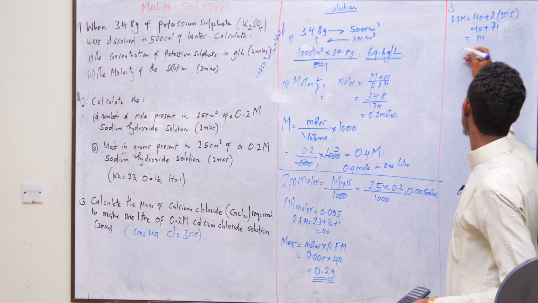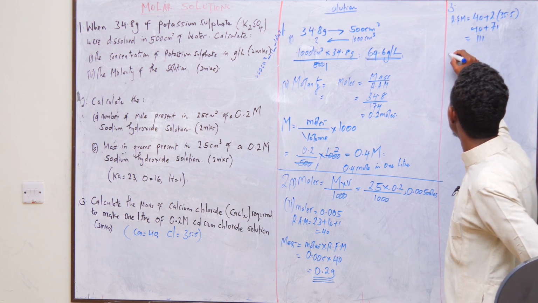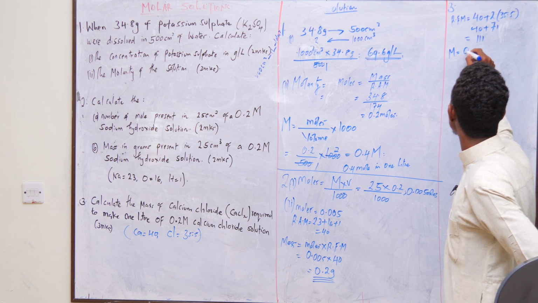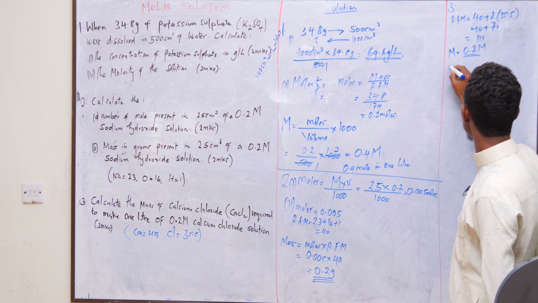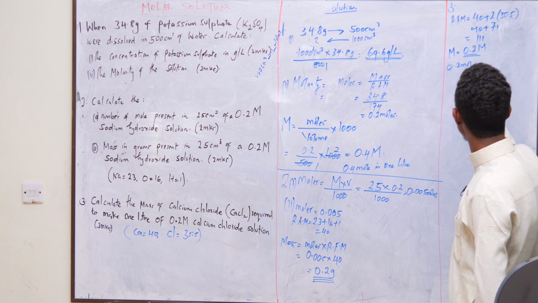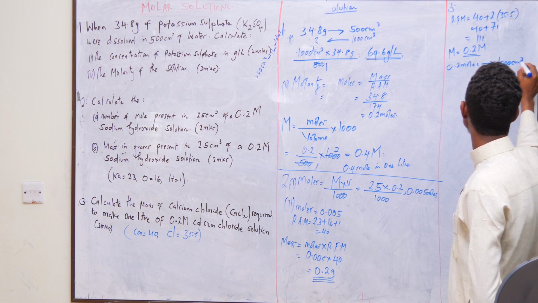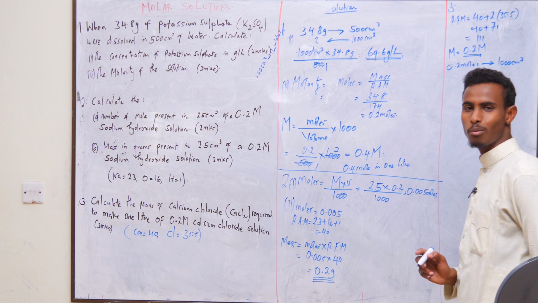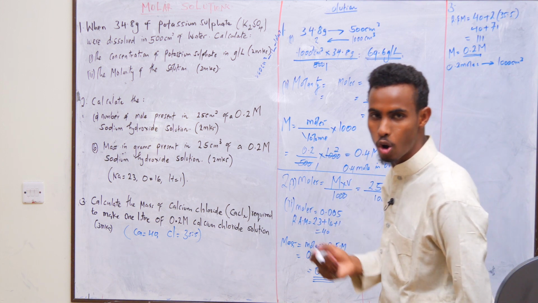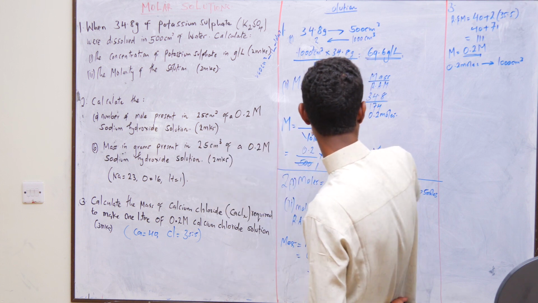Now we have RFM, we have again molarity, which is 0.2 molar. Now class, this one again is a mole. You have 0.2 moles in 1,000 cubic centimeter. This being a molarity does not mean it's a mole, but it is a special type of mole where the mole is expressed in a liter, that is 1,000 cubic centimeters.